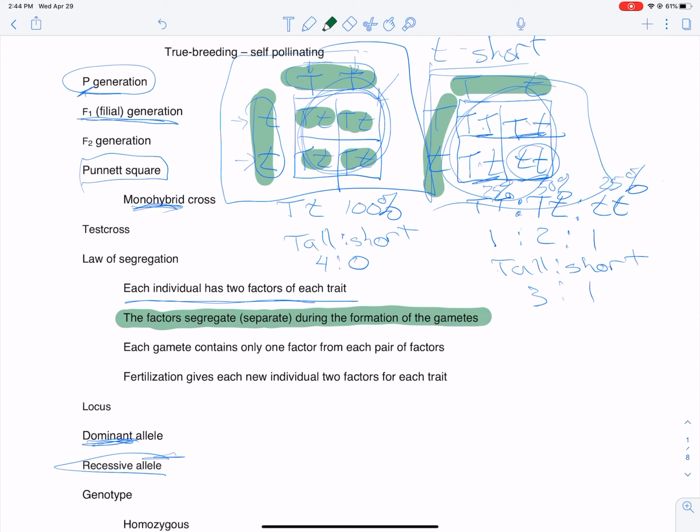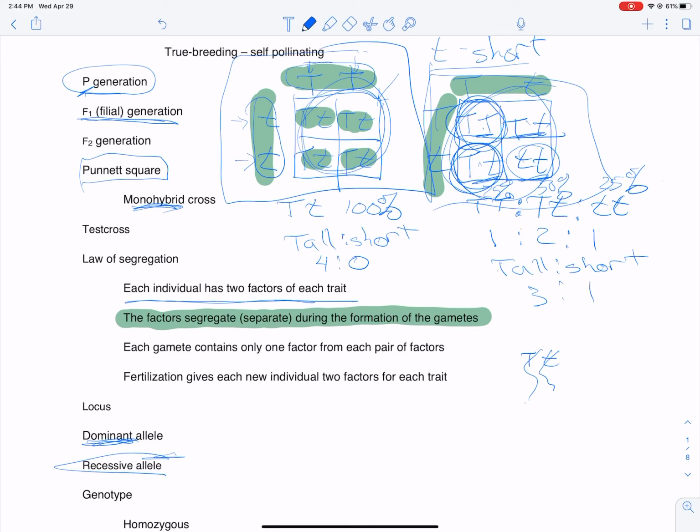So when we did meiosis the other day, and we said that you have chromosome number 1, let's say on this particular one, the capital T, so if I take a look at this one right here, I have a capital T on one chromosome and a small t on the other one.